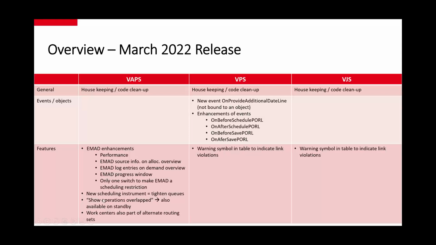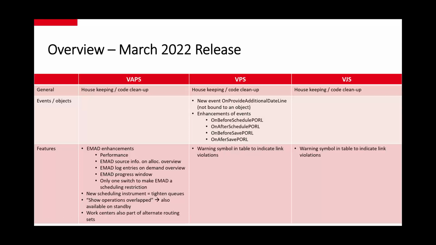We also added a new scheduling instrument in this release, and we try to add new scheduling instruments every release. We call this Titan Queues, and I will talk about this in my demo in a minute. We also have the capability to apply the show operations overlap capability to those operations that are on standby. And from now on, you can also make work centers part of alternate routing sets.